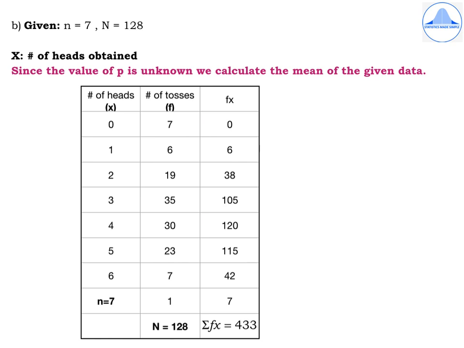That is X bar equal to summation Fx by capital N. So form a third column in the table, that is Fx, and you'll get the values as 0, 6, 38, 105, 120, 115, 42 and 7, which results in summation Fx is equal to 433.